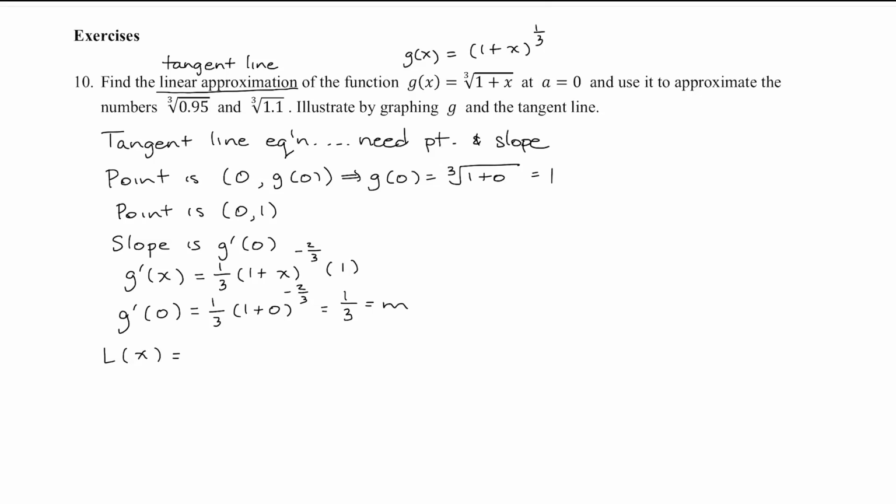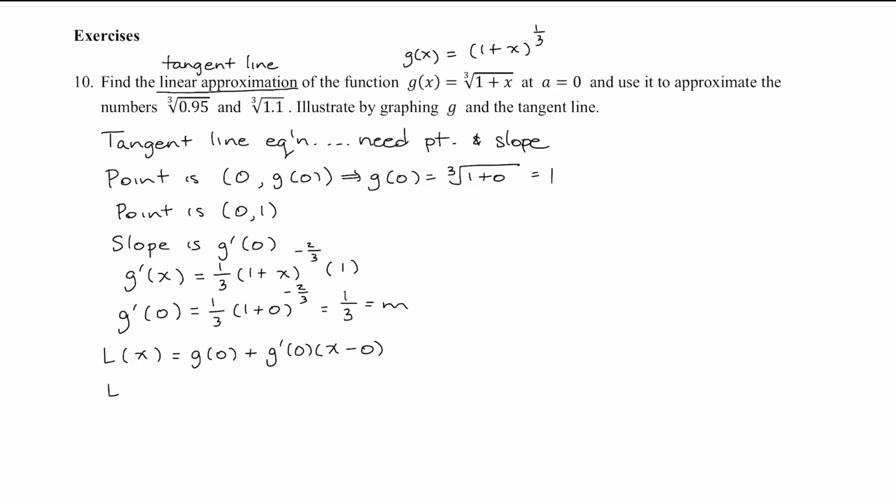All right, so my tangent line equation, I'll use L of x as the book is doing, L for linearization, is my g of 0, which is 1. Well, here, let me write it in general form first. So this is going to be g of 0 plus g prime of 0 times x minus 0, right?